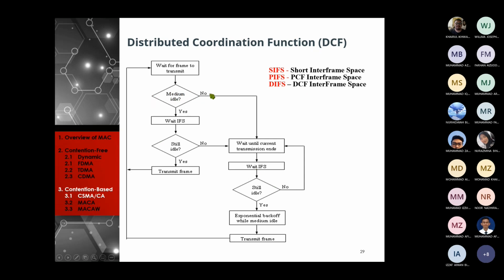Okay, so kita start dengan wait for frame to transmit. So kalau kata medium tu idle, so dia akan wait IFS, dia punya frame dia kan. Kalau tak ada, baru dia hantar. So no, so dia nak hantar. Belum, dia kena tunggu dulu, wait until current transmission end, kalau ada.